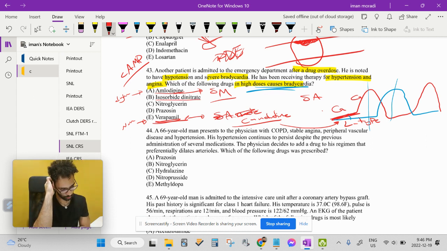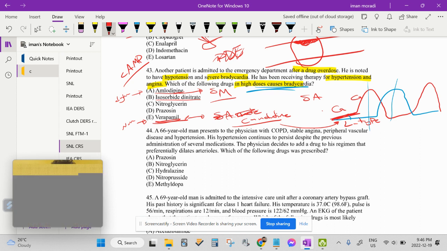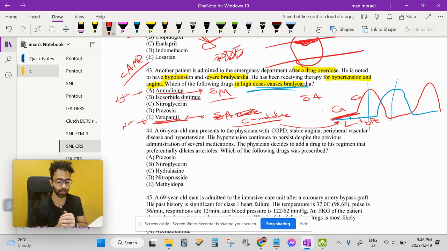All the nitrate compounds, the way they work is that they venodilate, right? They venodilate. That's important. When they venodilate, they decrease the preload of the heart. Preload is the pressure of the blood that's coming back into the heart. When you decrease the preload, the heart is working way less.